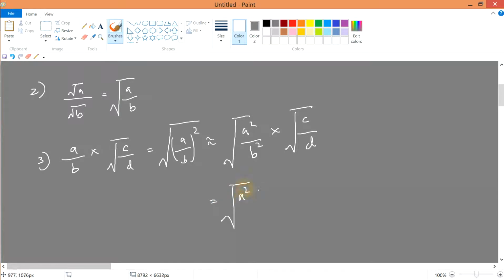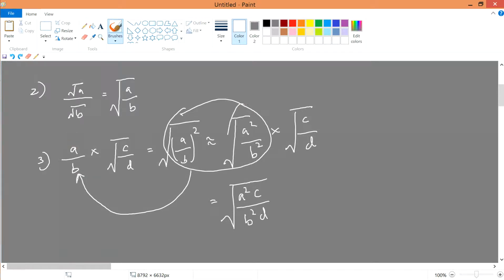So I have square root of a square c over b square d. Alright, so this term simply describes this term. You see, a over b can be rewritten into such confusing things. So yeah, take note of this term.